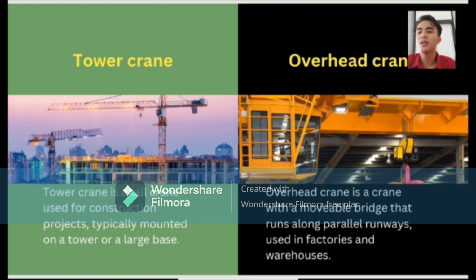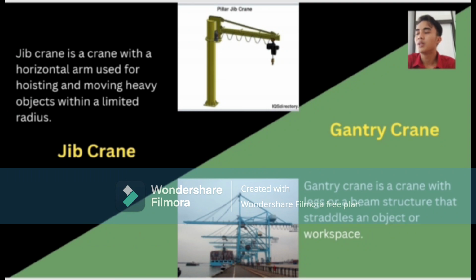Overhead crane is a crane with a movable bridge that runs along parallel runways, used in factories and warehouses. Jib crane is a crane with a horizontal arm used for hoisting and moving heavy objects within a limited radius.